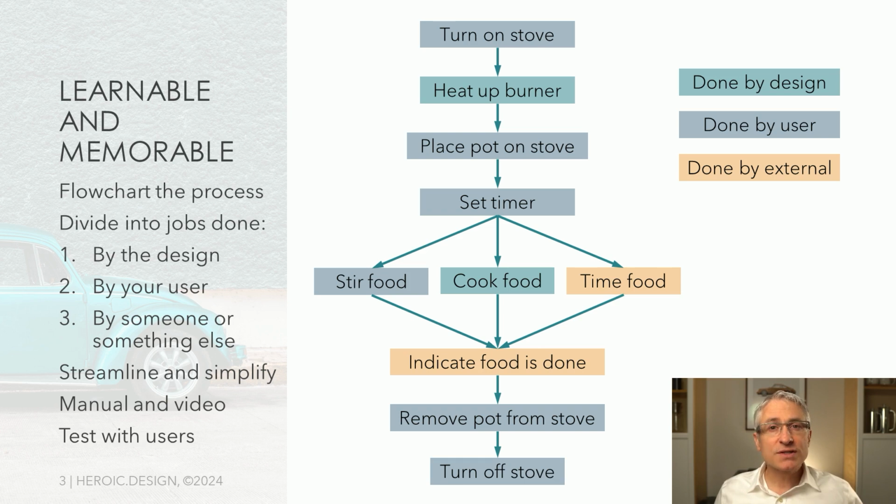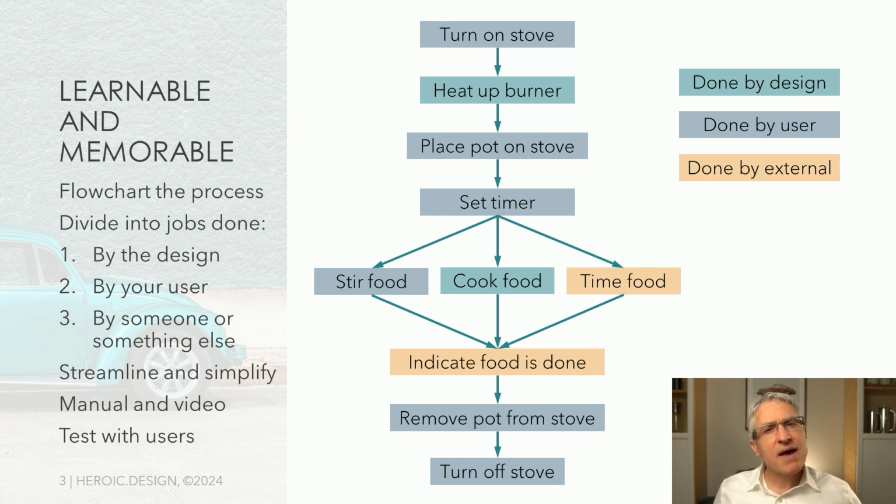So first, we focus on the process of using your design. Write down everything your design does and everything your user does, in order. You could do this in a flowchart or a functional map. Then decide if the design should be doing more of the steps. Can you take some of the load off of your user and put it onto your design?